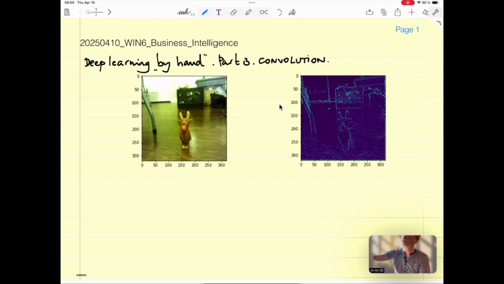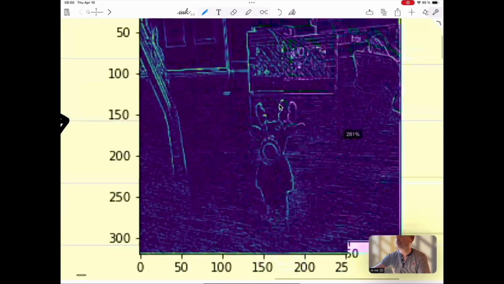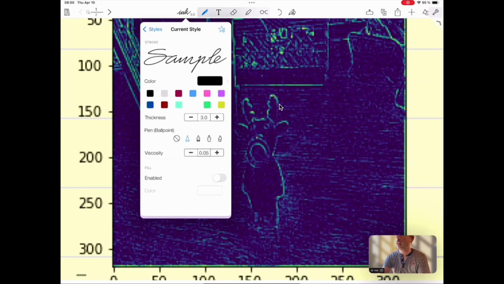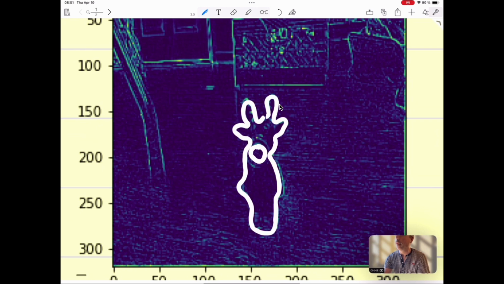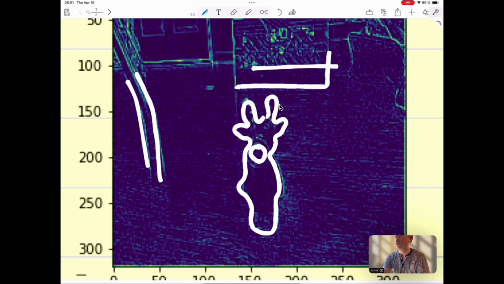You see here an example of a color picture. We have performed a convolution and then we can extract the edges of the image. Okay, so here if we zoom, we can see the edges of the animal, or the edges of the building and so on.